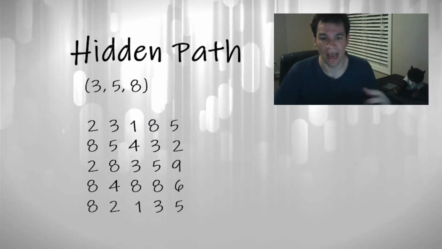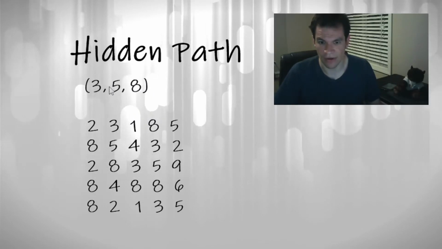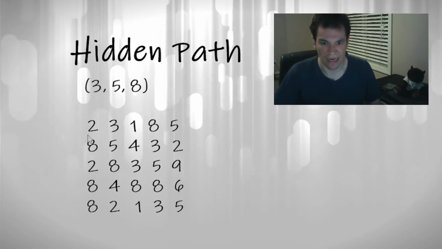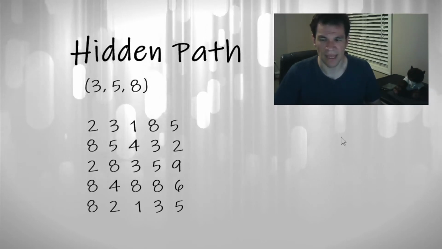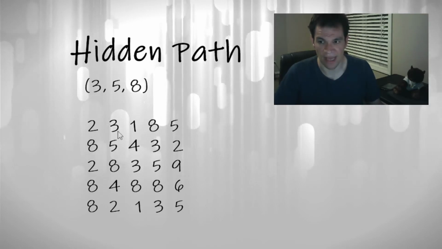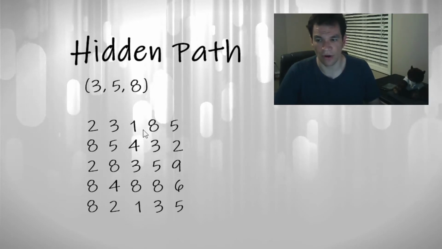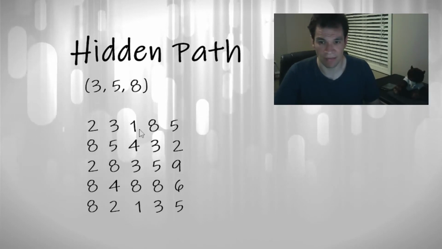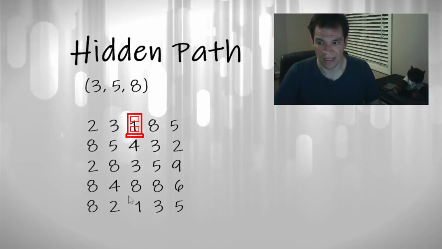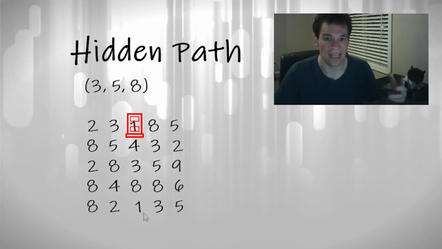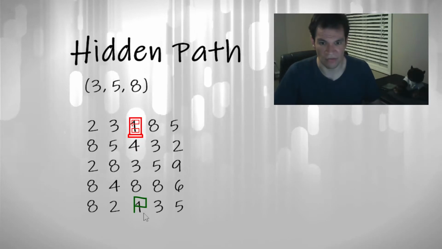We are given a pattern like this one over here and also a matrix like this one over here. The matrix represents a maze where the one in the first row is the entrance of the maze and the one on the last row is the exit of the maze.